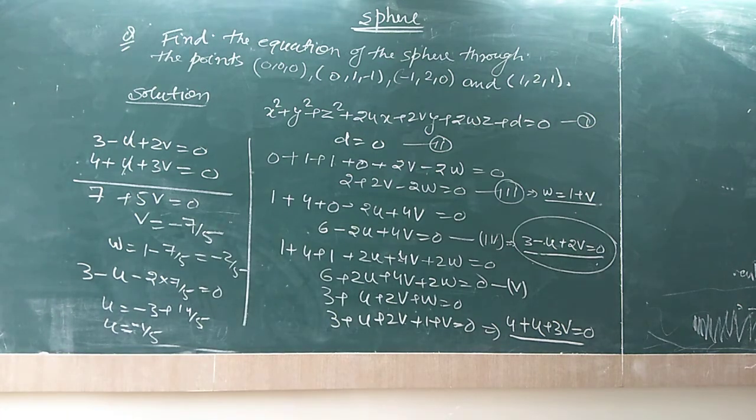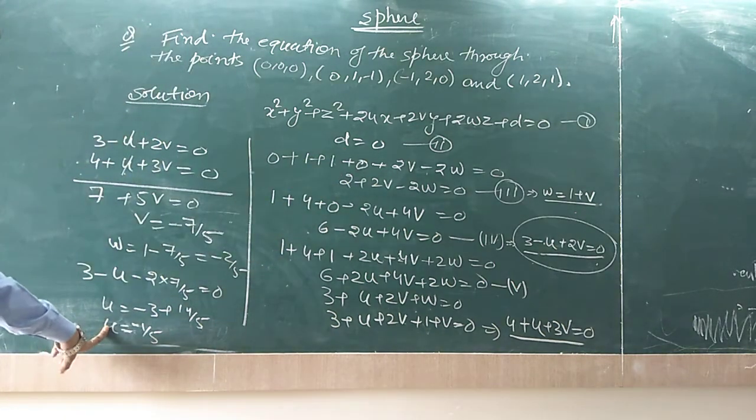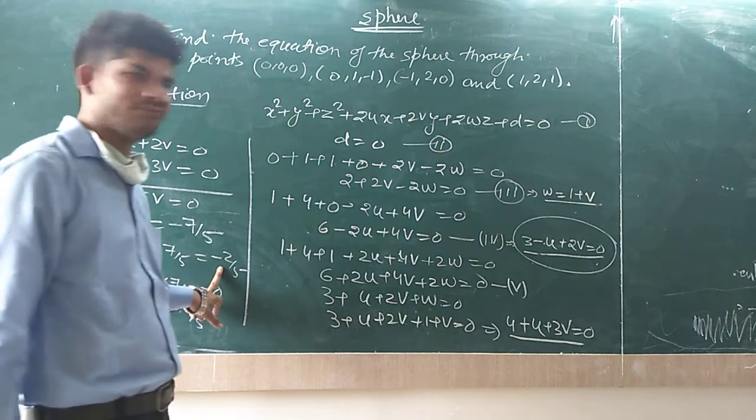So we find the values of u, v, w and d: d equal to 0, u equal to minus 1 by 5, v equal to minus 7 by 5 and w equal to minus 2 by 5.